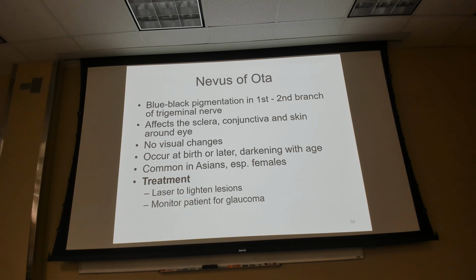Though it can have some of those symptoms, this is not going to do anything wrong with the visual acuity. It can occur at birth or later, and it can be darkened with age. Commonly, it's Asian females, right? So that can be seen there. Treatment, laser to lighten it, and then monitor the patient.